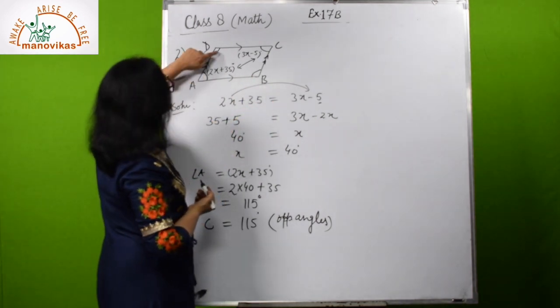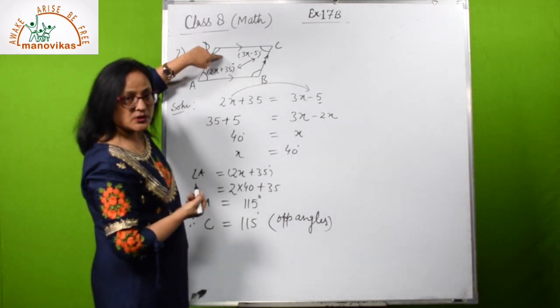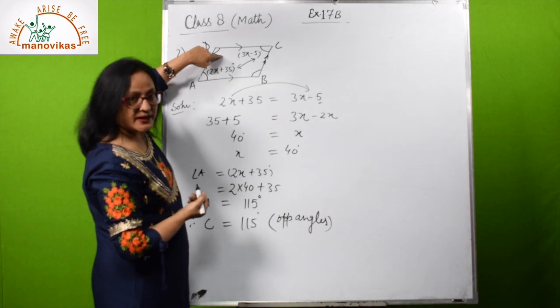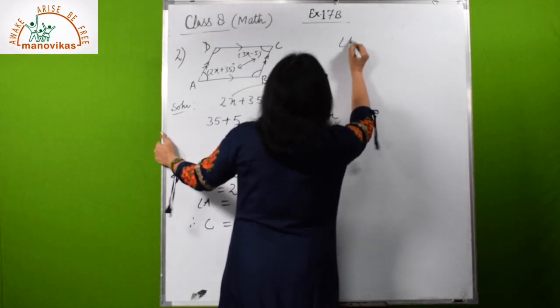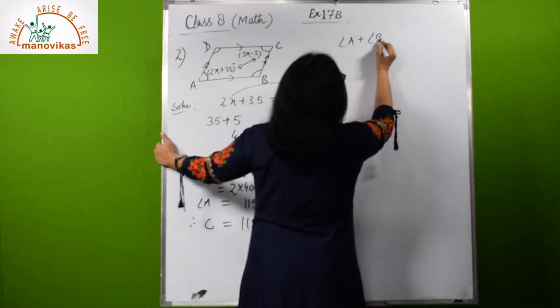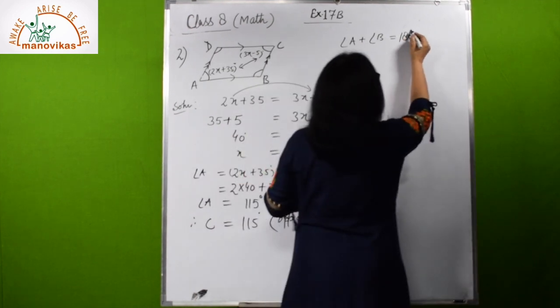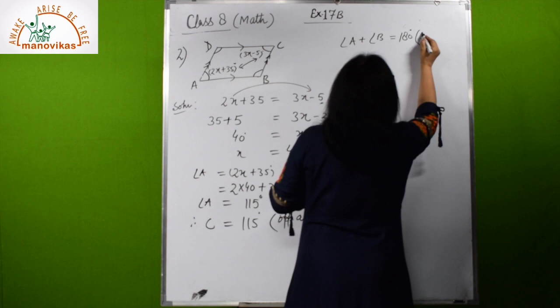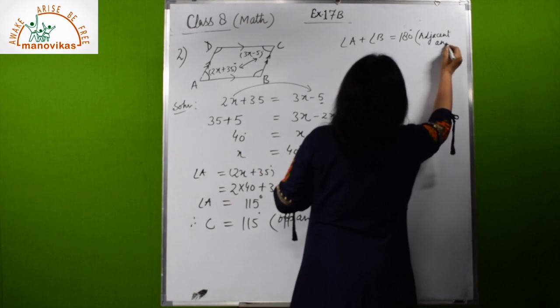You can take A with D also, they are also adjacent, so their sum is also equal to 180 degree. So any one you can take. So here I am taking angle A plus angle B is equal to 180 degree. Why is it equal to 180 degree? You have to give the reason. They are adjacent angles, and adjacent angles of a parallelogram are supplementary.